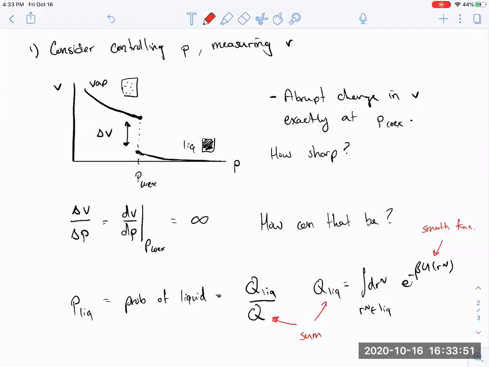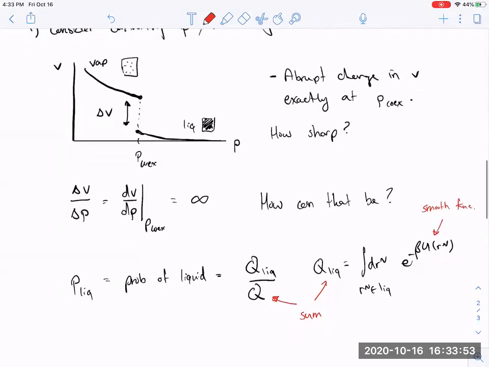If I take a sum of smooth functions, I necessarily get a smooth function back out. An exponential is a smooth function.